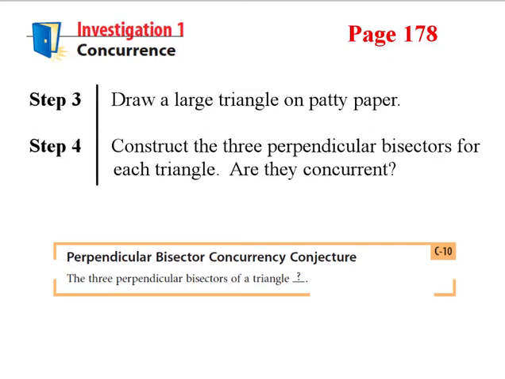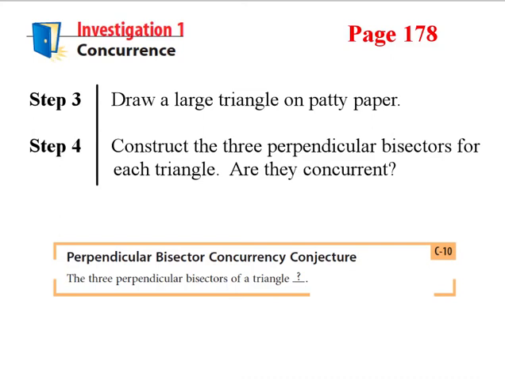So this is going to be a little different than the angle bisectors. You're going to take end point to end point. Like this. So we got to do end to end.